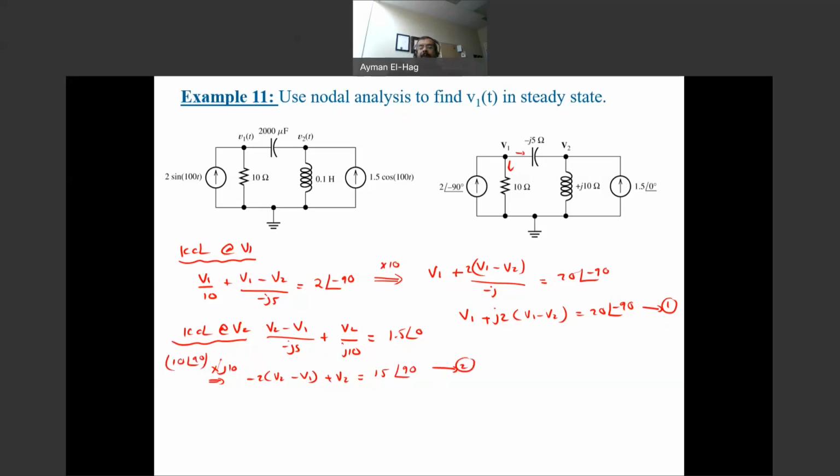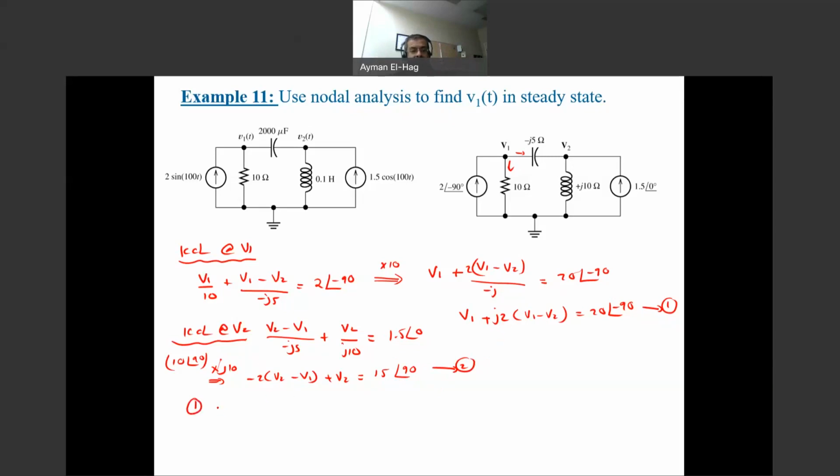Now we have the equations, but we still have two equations and need to handle them. How to handle them? We have to eliminate one of the variables. The easiest one here, let me collect terms. Let's see equation number 1.